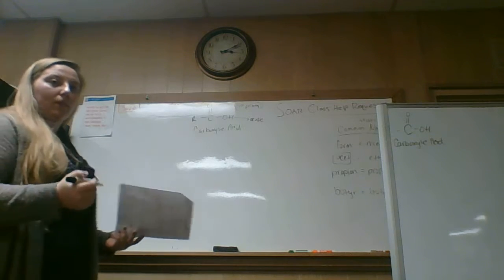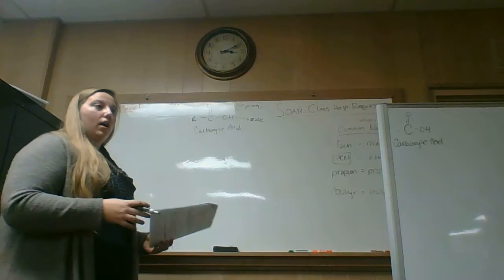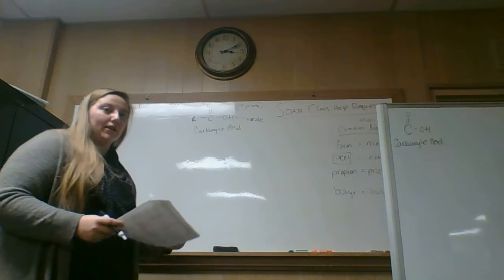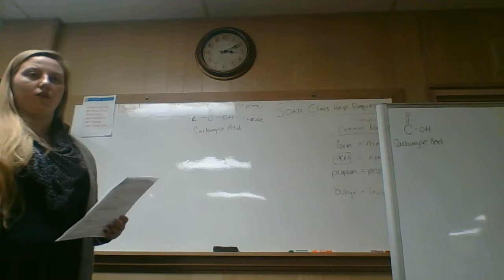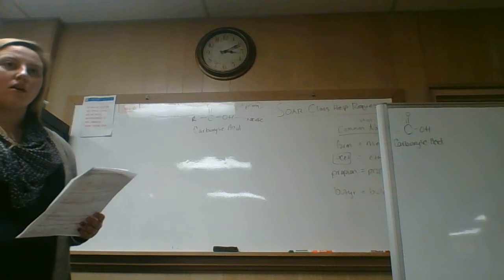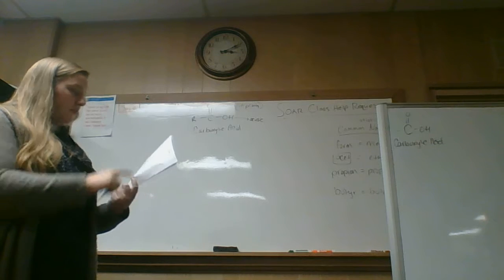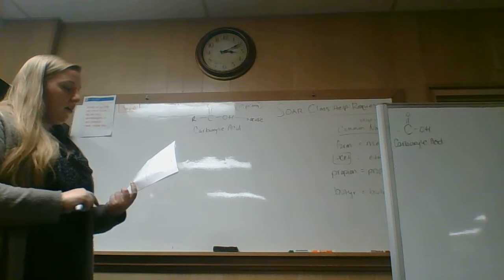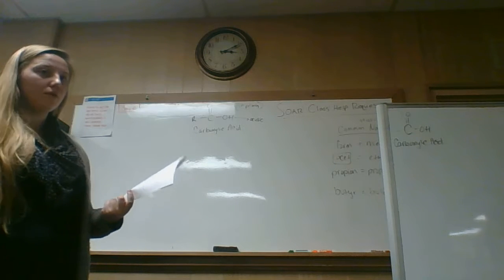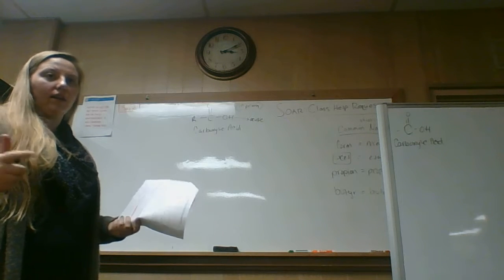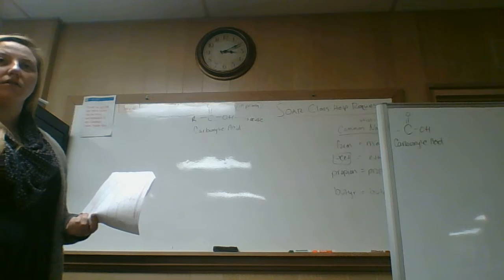Like, will it act like a base? Will it act like an acid? If it's acting like an acid, is it deprotonated or protonated? I see a lot of circle the correct answer in that instance. When it comes to the specific reactions that we're going to talk about, really I think functional groups are up for grabs, and like what's the final product type thing.